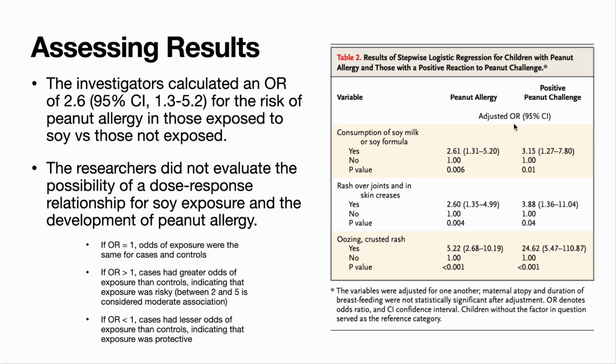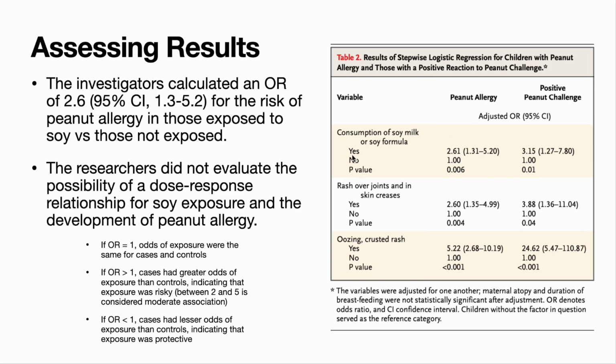So we have some odds ratios, and before they said that they did adjusted analysis to account for the family history. So we have our adjusted odds ratio, and we see an odds ratio of consumption of soy milk or soy formula and developing a peanut allergy.